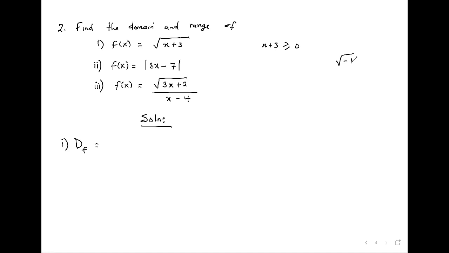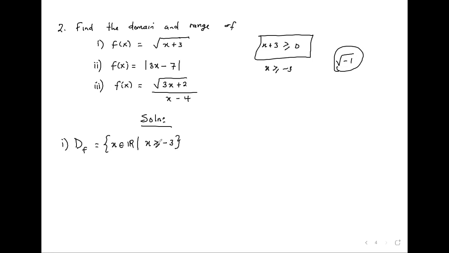The imaginary is never a real number. So to avoid the imaginary numbers, you make sure that the inside of the root is greater or equal to 0. This now becomes an inequality where you say x is greater or equal to negative 3. So you get here and say the domain is x, all real numbers, but this x has to be greater or equal to negative 3.